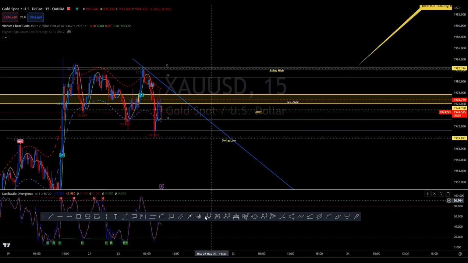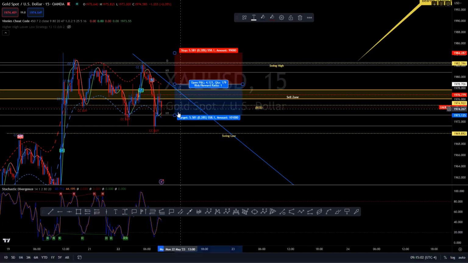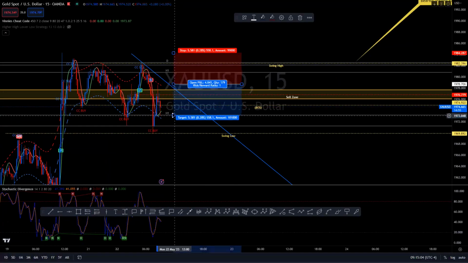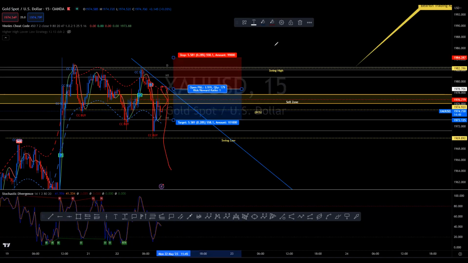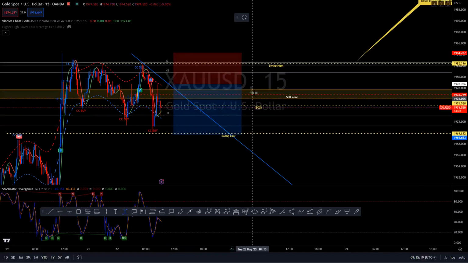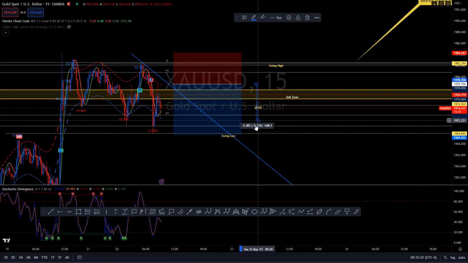So the 9:15 candle is about to close. This is what I'm actually thinking about doing: a sell overall. I'm looking for price to do a counter trend buy all the way up into this area somewhere and then sell down. That's what I'm looking at. So from that point, I'm looking for price to come all the way up to here or somewhere in this area, and I'm going to sell gold all the way down to here.